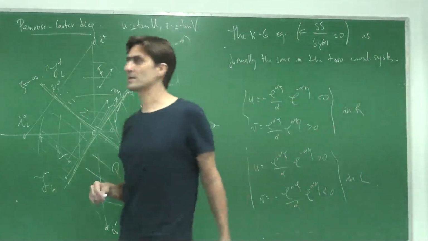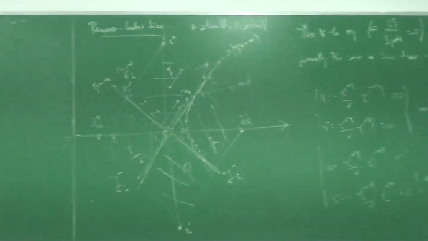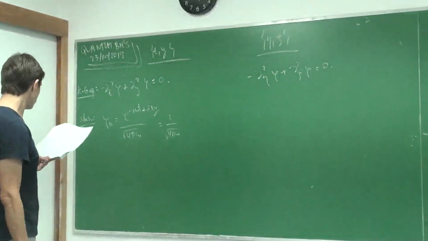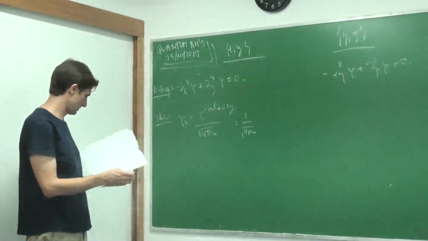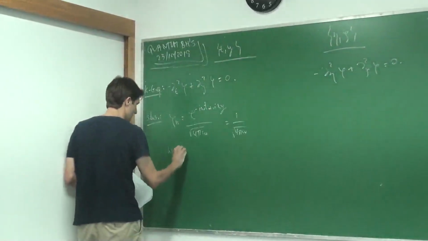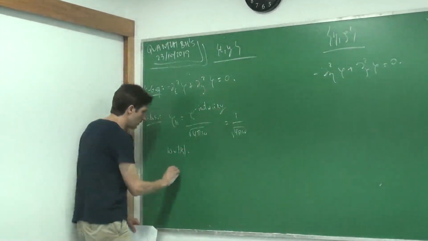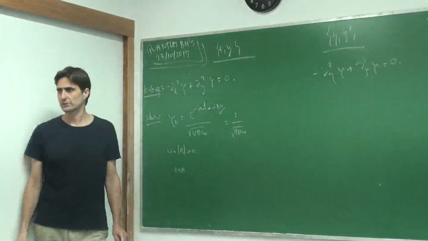This is what I wrote down a second ago. So I want to write this in u and v. Okay, so k and omega. Omega is just the absolute value of k. So k goes over the reals, omega is just positive.